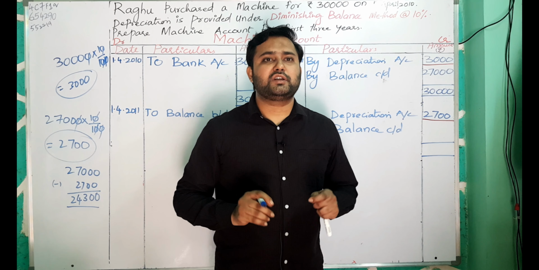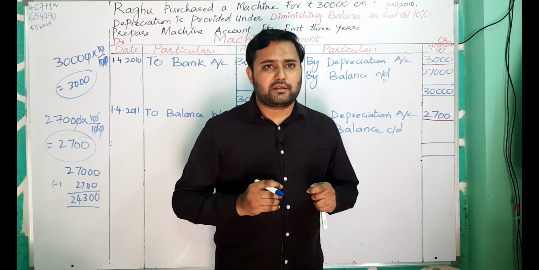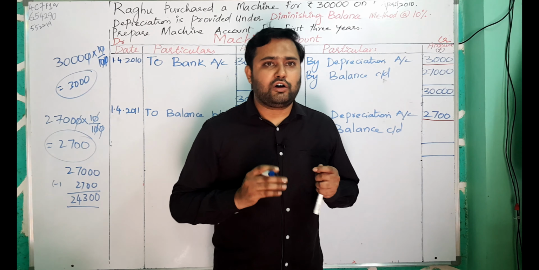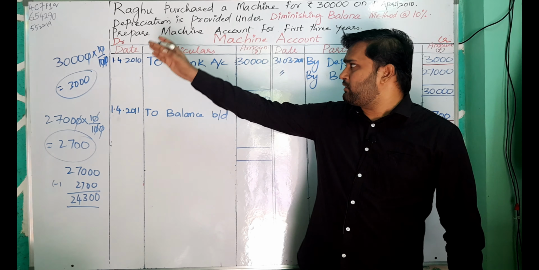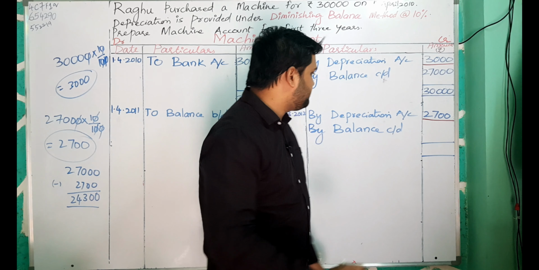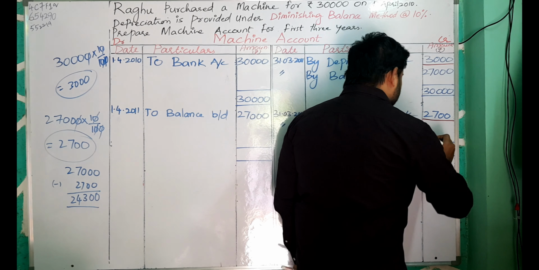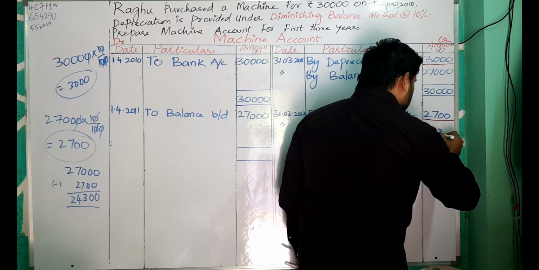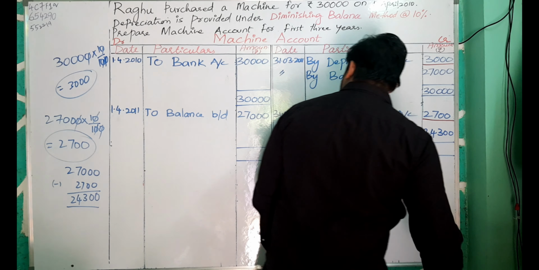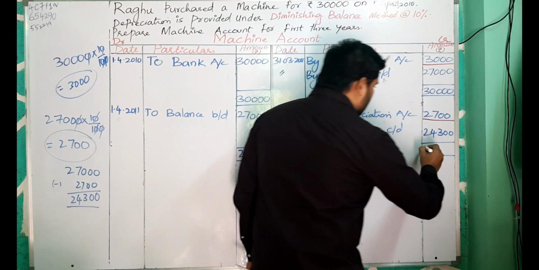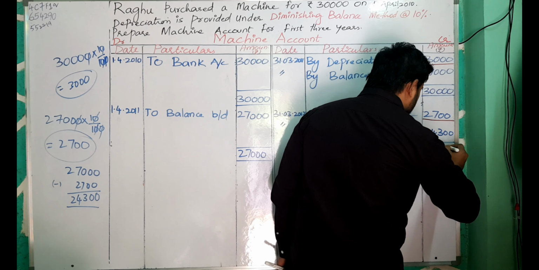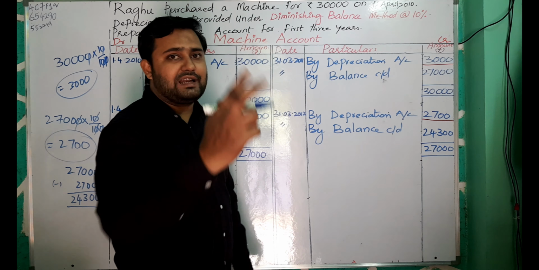Don't do calculation in your mind. Try to solve it with the help of a calculator or on a rough note, on a working note. 24,300 is the balance carried down. Now the total is 27,000, here also 27,000. We need to calculate 3 years.